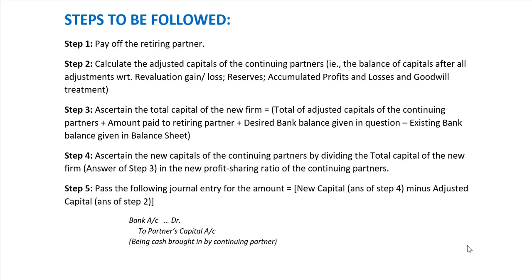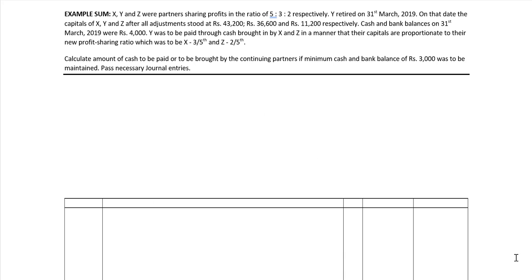We'll continue to do a very small example sum so that we can understand the concept better. Example sum. X, Y and Z were partners sharing profits in the ratio of 5:3:2 respectively. Y retired on 31st March 2019.